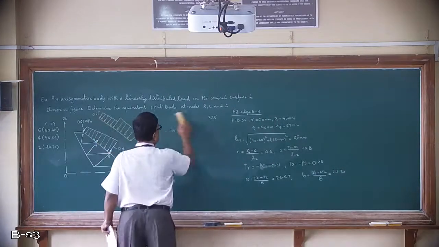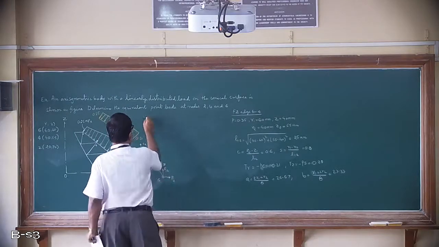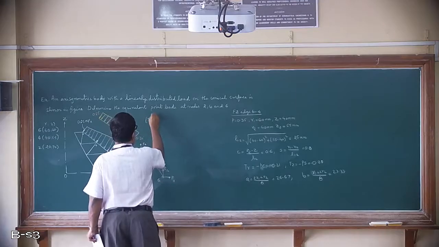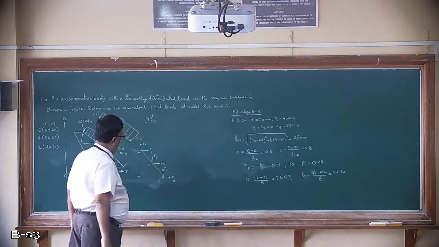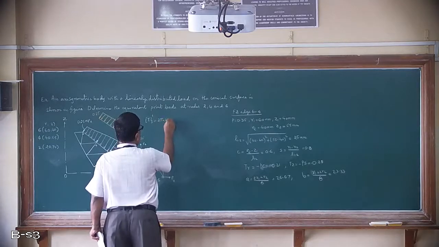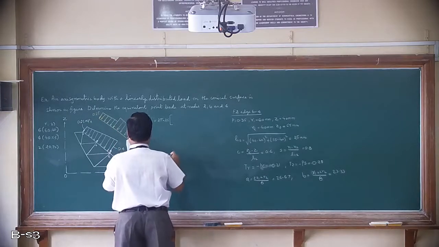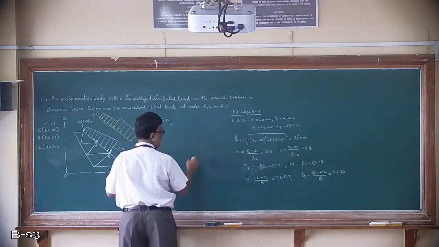With this, let us now calculate the various forces. That is the traction vector for the first edge: 2 pi into LE, which is 25, into bracket A TR, A TZ, B TR, B TZ.